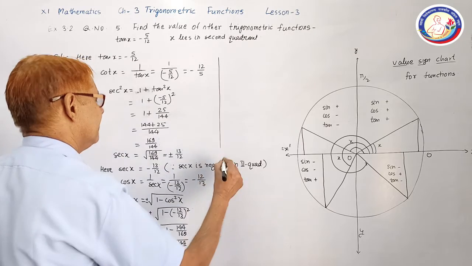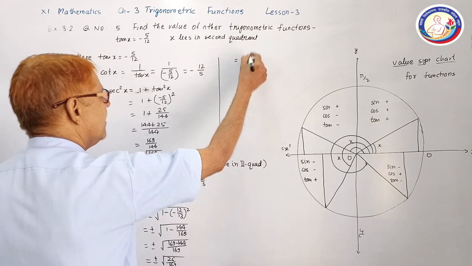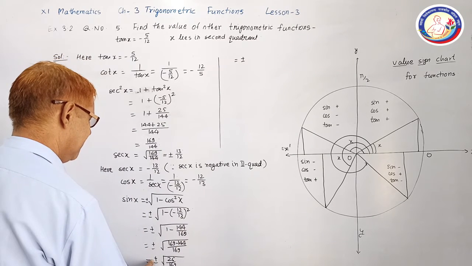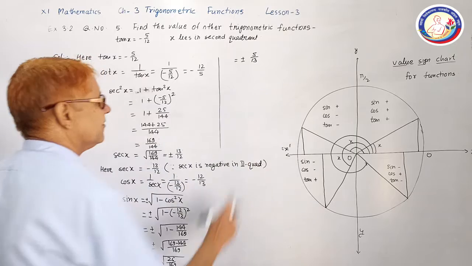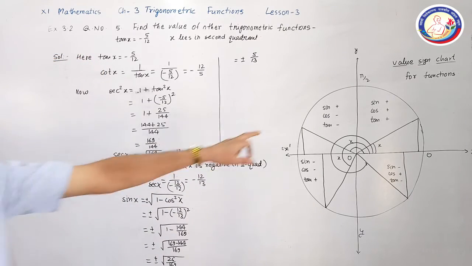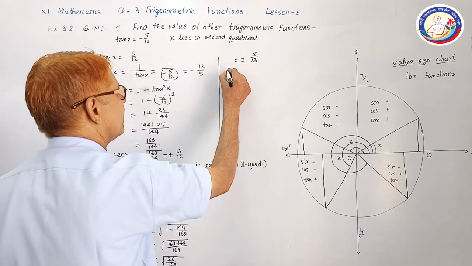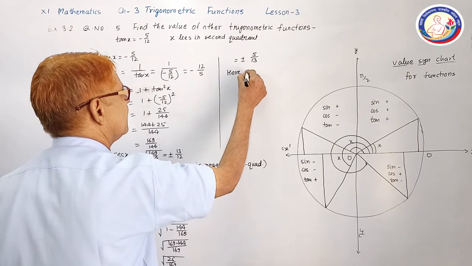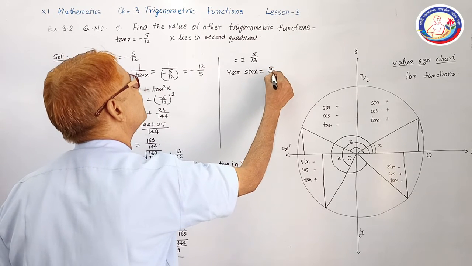So the value of sin x will be 5 upon 13. Sin is positive in the second quadrant, so we will take the positive value here. Sin x equals 5 upon 13.